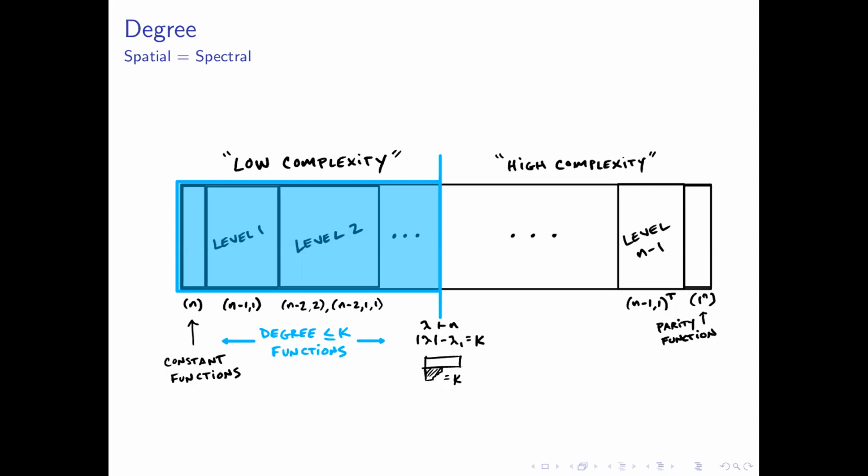We have the constant functions being low complexity, the parity functions being high complexity, and the degree k functions are just partitions where I have k cells underneath the first row. This is the picture we should all have in mind for this Fourier view of real valued functions on these domains.